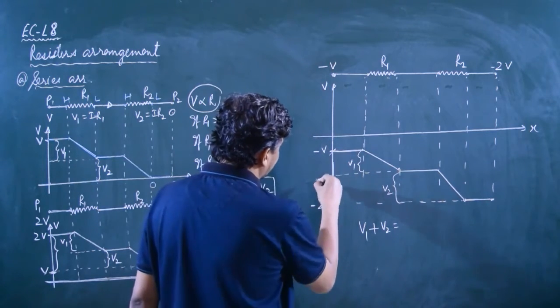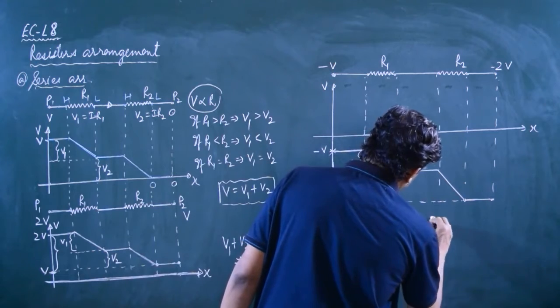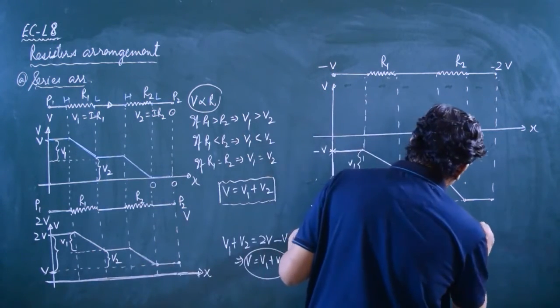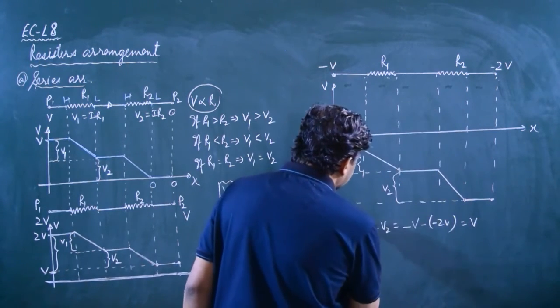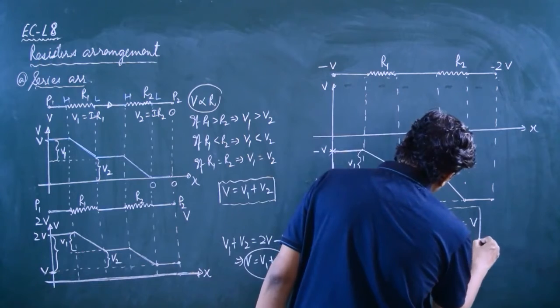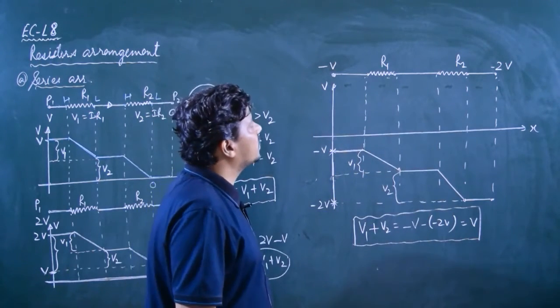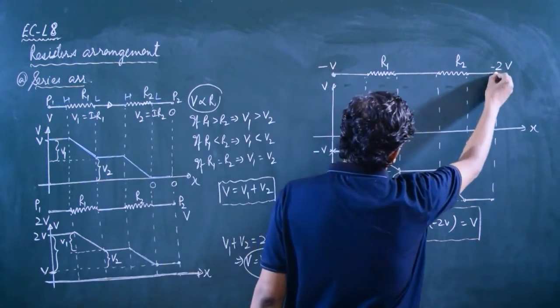So what is the potential difference between these 2 points? That is minus V minus of minus 2V. So this gap is 2V minus V, that is V. That's why we say the potential drop sum is always equal to the supplied potential. So here also the supplied potential is V.